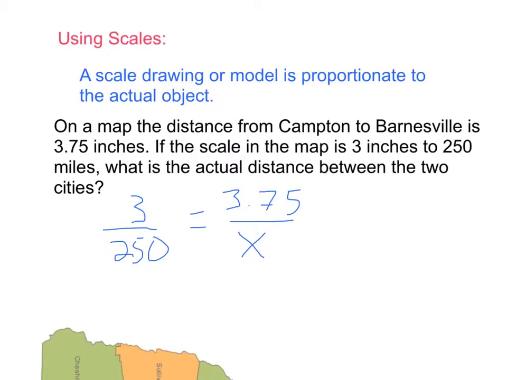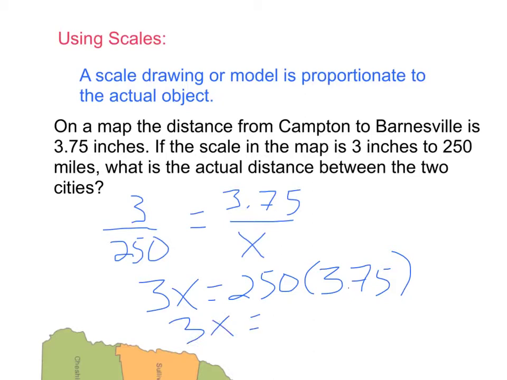Now to solve this problem, I need to cross multiply first to get an equation. When I cross multiply, I get 3x equals 250 times 3.75. When I do my multiplication out, I then have 3x equals 937.50.